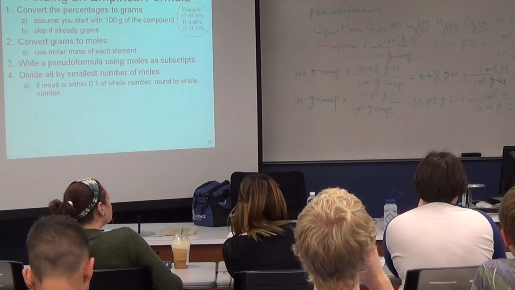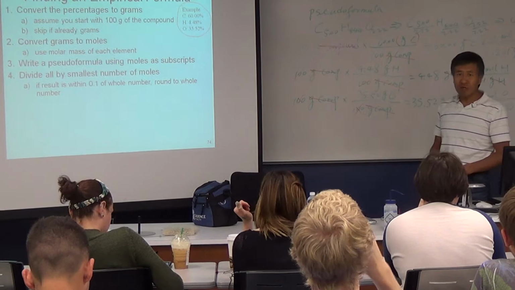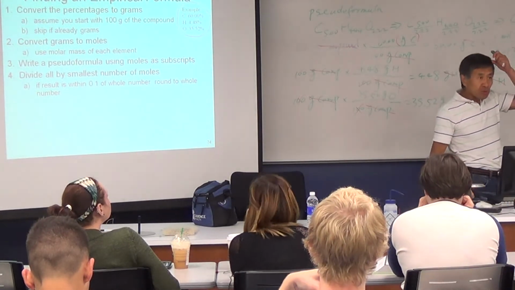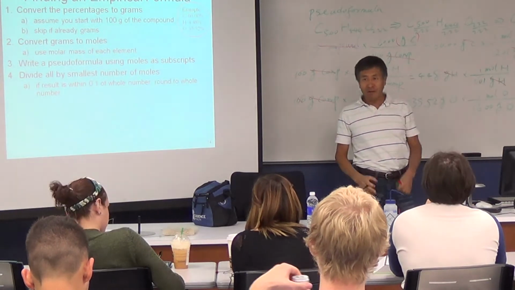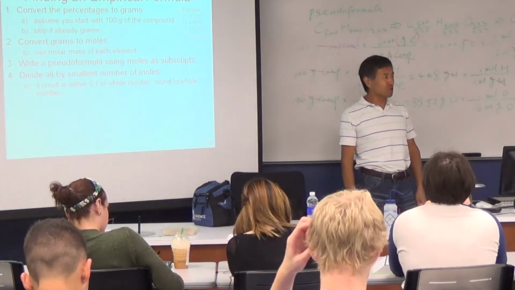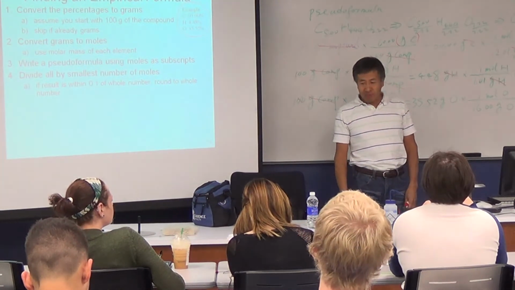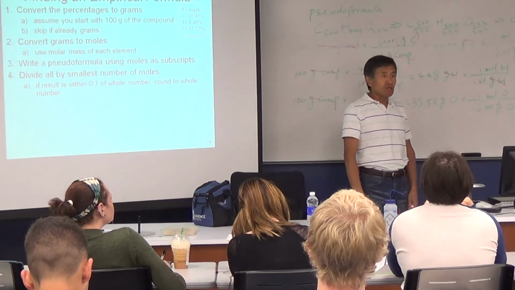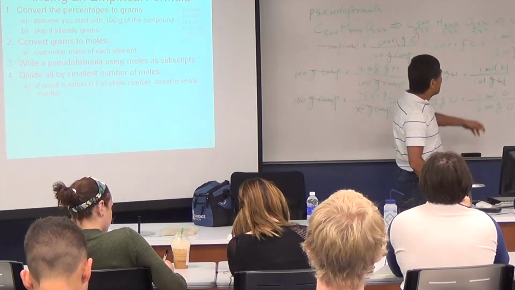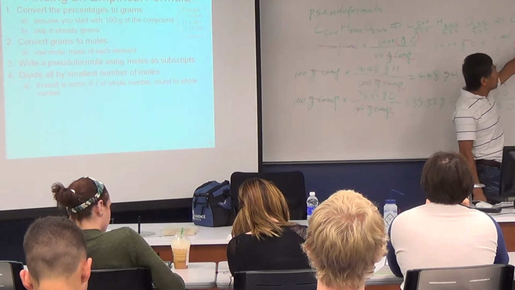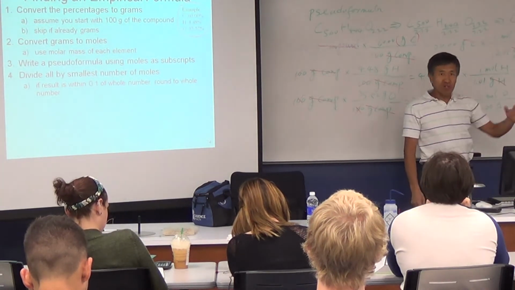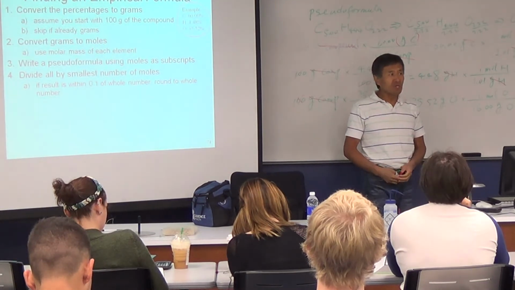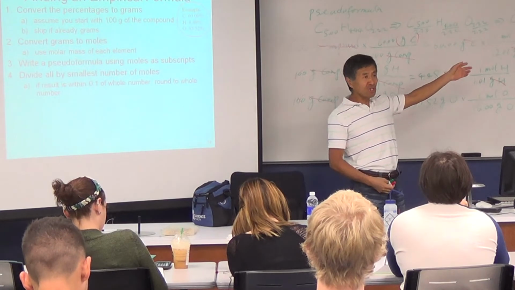Now the technical part. Principally you understand those are the important steps: just find the mole and then divide all the moles by the smallest mole. Sometimes the principle is easy, but the technical part is difficult. The problem is if you get something like 2.00, 1.00 to 2 decimal places, you don't need too much thinking. You see that is close to 2, that is close to 1.